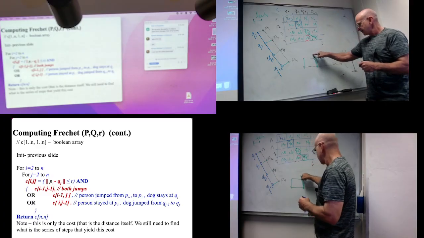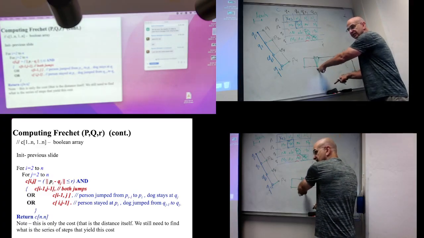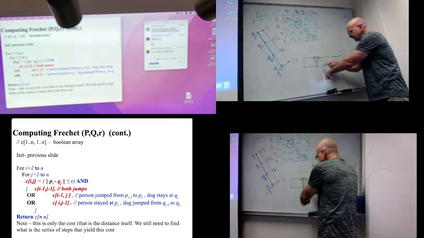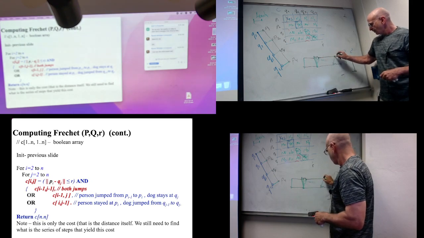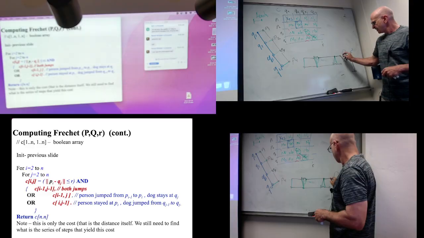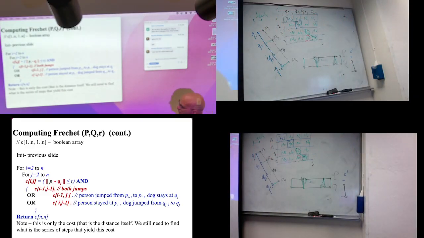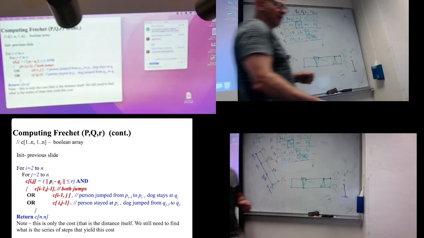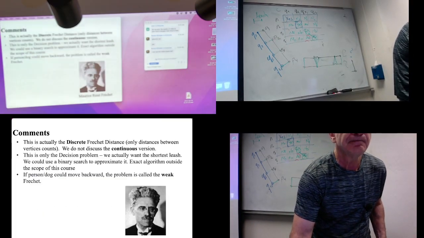All these vertices over here match this vertex, meaning that the dog was staying still while the man moved forward. Then they'll jump to the forward one. These 2, all these points match each other, and so on. Okay. Next example.